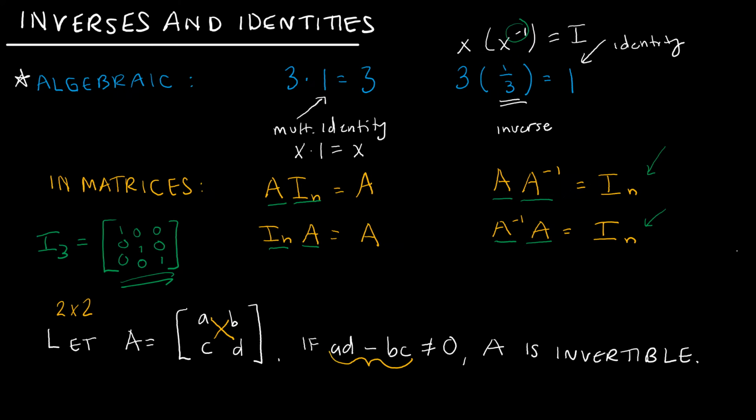This value is called the determinant of A. So the determinant of A is AD minus BC. We'll talk more about that on the next slide, but this is how you know it's invertible: you find the determinant and make sure it is non-zero.